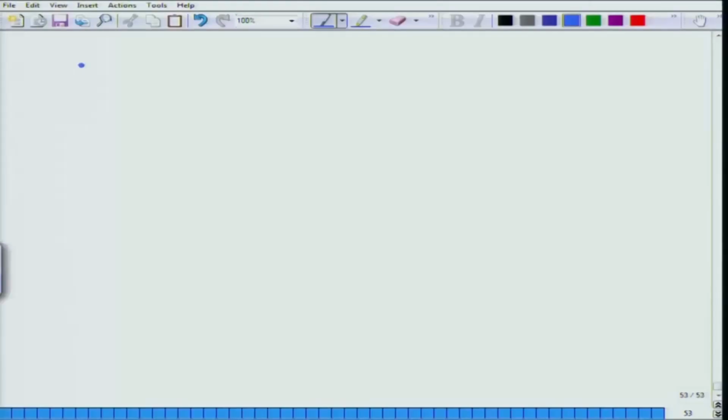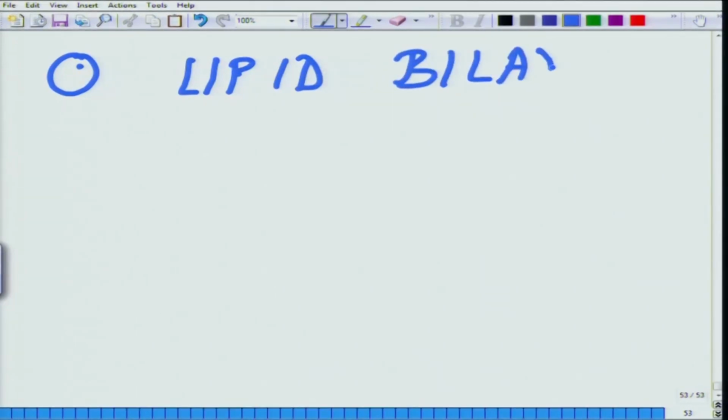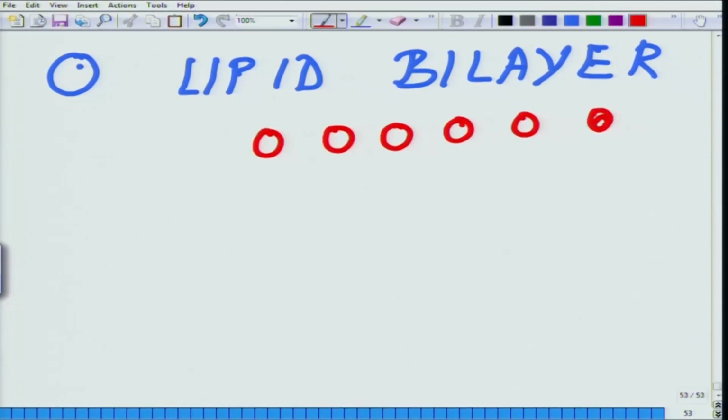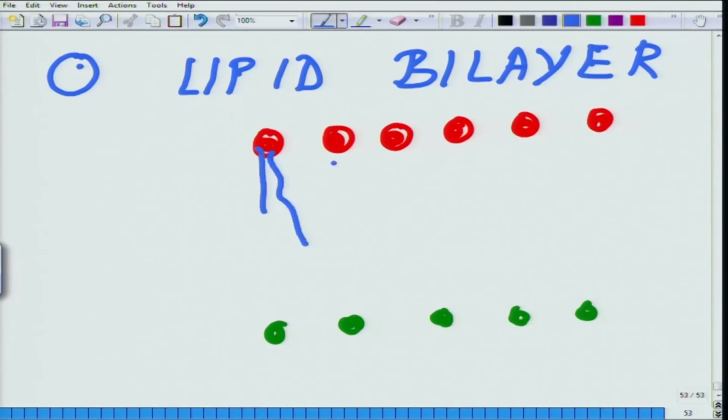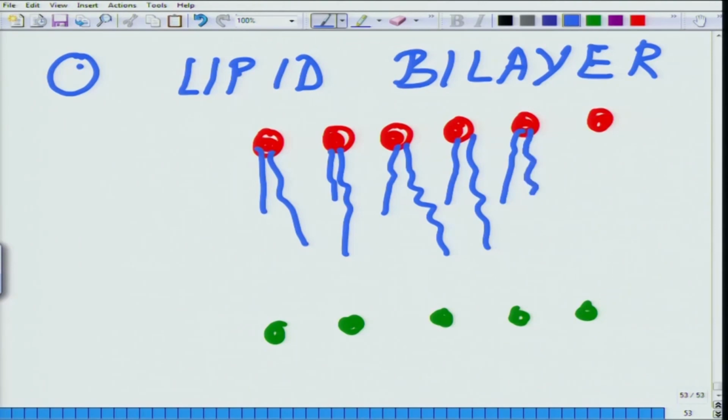Under this heading, let us draw the lipid bilayer. This is how it looks like. Remember when we drew it like this. This is one side of the lipids, this is the other side of the lipids, and here you have the hydrophobic chain.